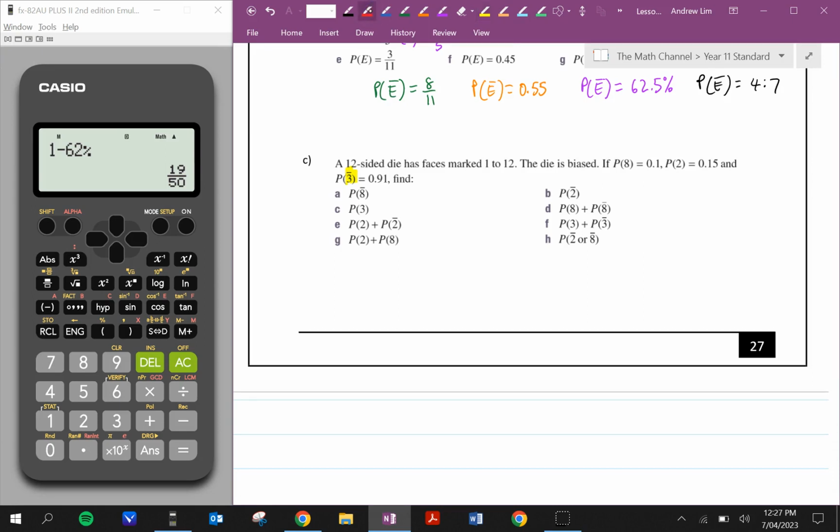Okay, so the probability of not 8. We know the probability of 8 is 0.1, so not 8 will be 1 minus 0.1, which is 0.9. Question B, probability not 2. We know the probability of 2 is 0.15, so not 2 is 1 minus 0.15, which should be 0.85.